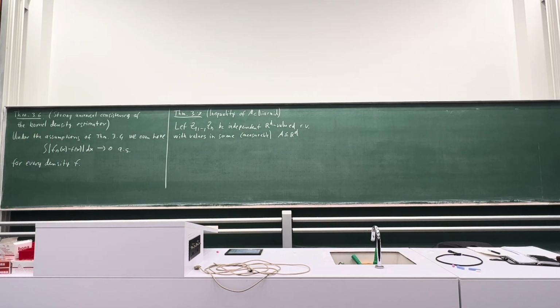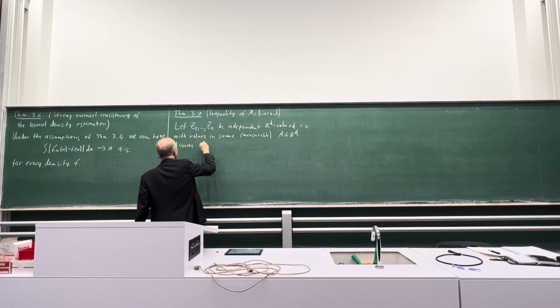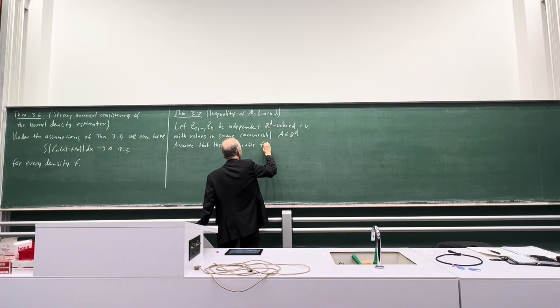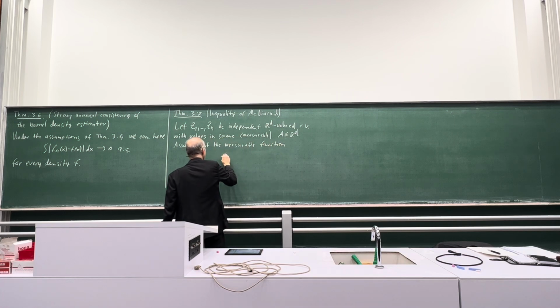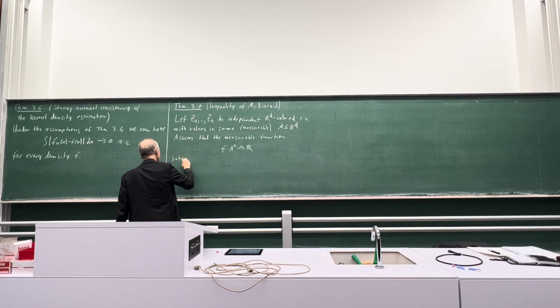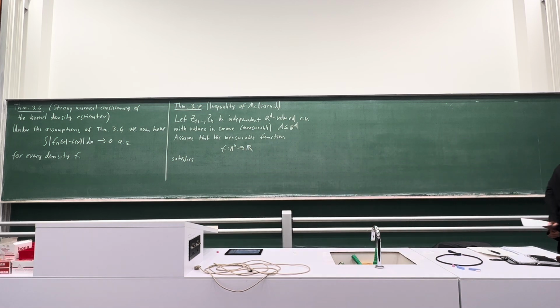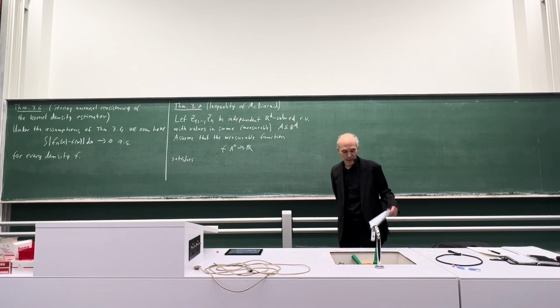Then you have a measurable function from A to the power n to R. I call this f, and assume that this measurable function satisfies the following: if you look at f at some points x1 to xn, and you keep all the points the same, but you replace the point xi at position i by xi prime, then the function value changes at most by some constant ci.